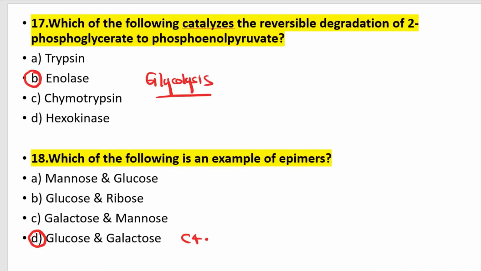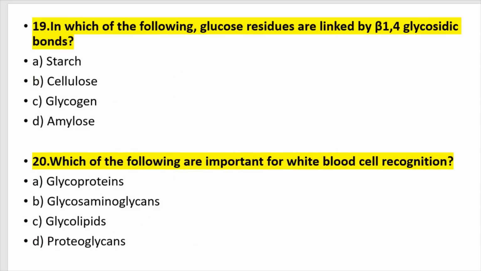But mannose is also an epimer of glucose at carbon number 2. So even this answer makes sense, it is correct. So there were two answers here. Mannose is an epimer of glucose at carbon number 2, whilst galactose is an epimer of glucose at carbon number 4.